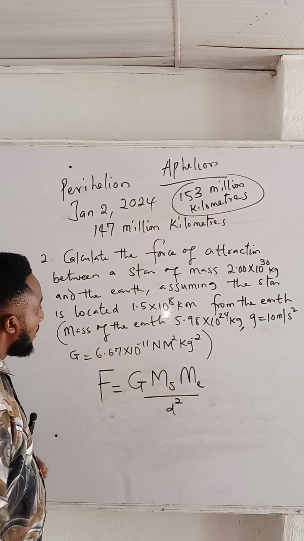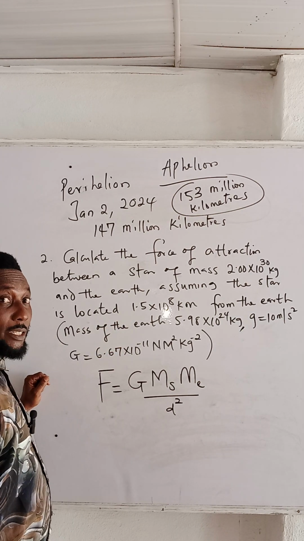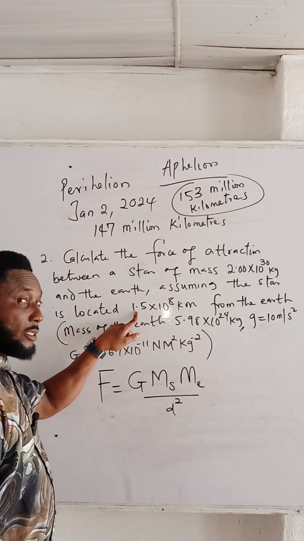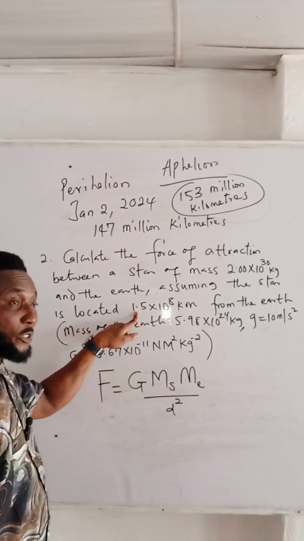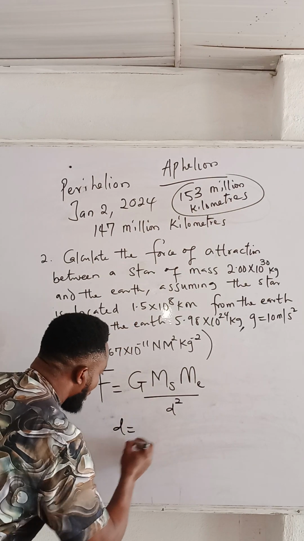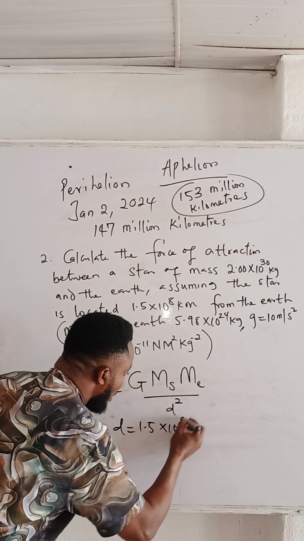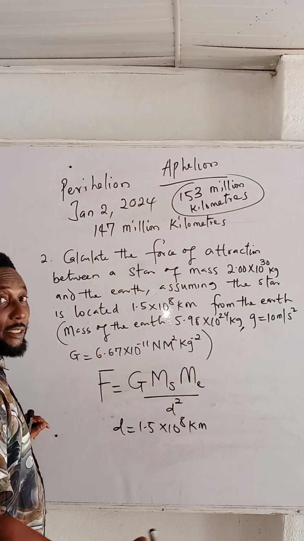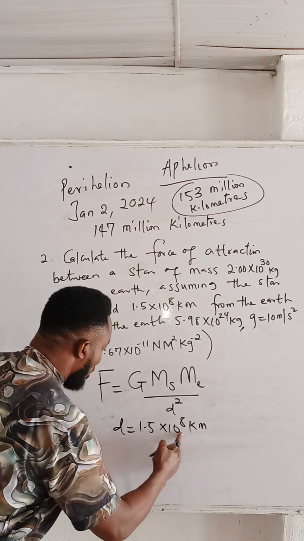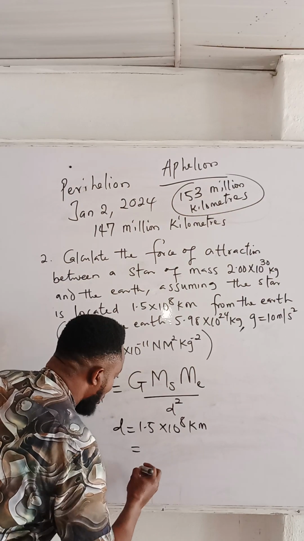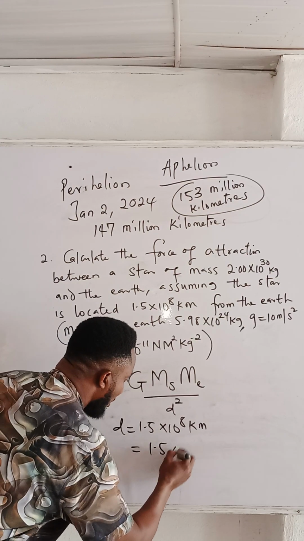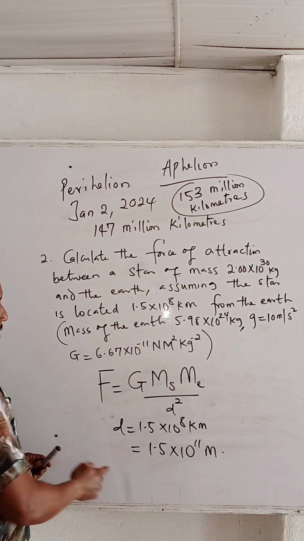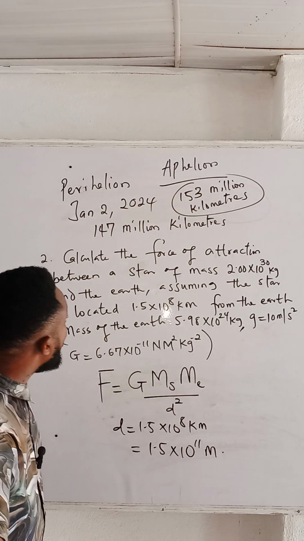Now from the question, the distance between the Earth and the Sun, which is the mean or average distance, please don't forget that, is 1.5 times 10 to the power of 8 kilometers. It's not an SI unit. The SI unit of length is meters. So if I multiply this value by 1000, that's going to give me 1.5 times 10 to the power of 11 meters. So this is the value of the distance we are going to use for our computation.